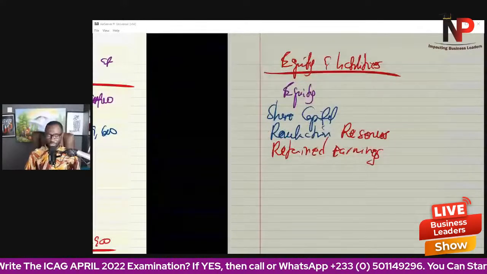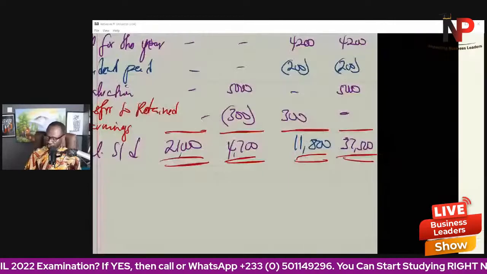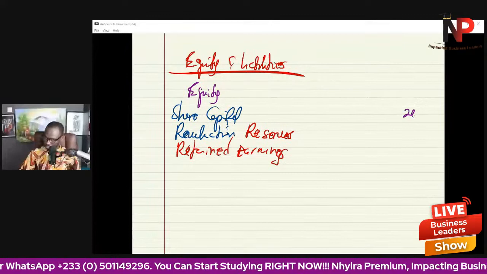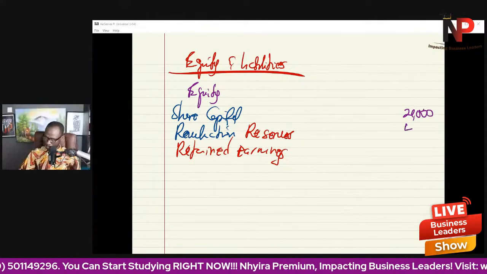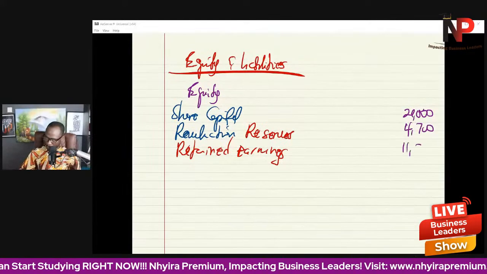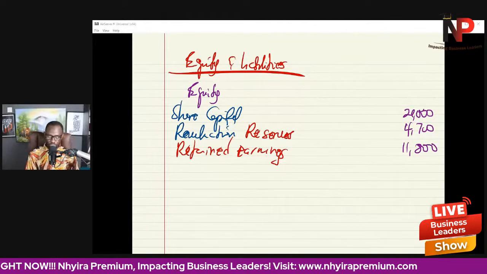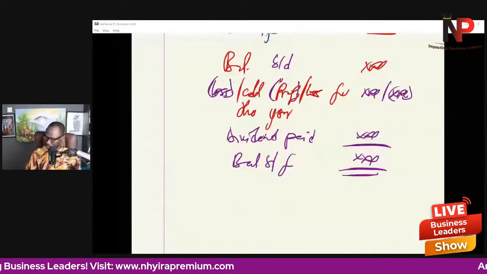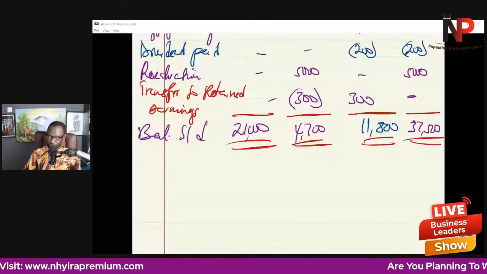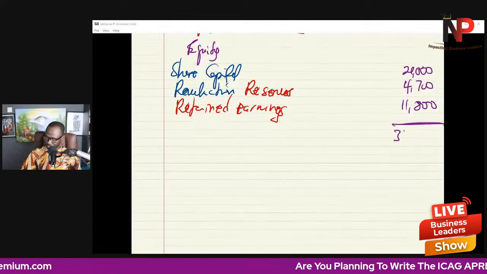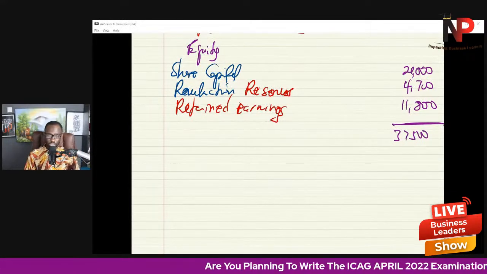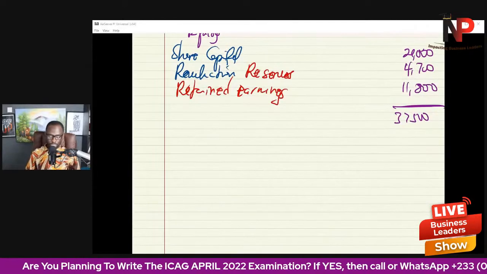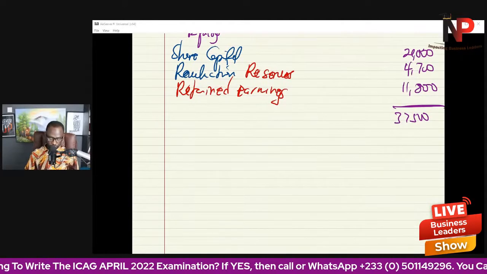I think 21,000, 4,700, 11,800. So we add it up, and that gave us a total that is already here, 37,500. Okay, so our total equity is 37,500. Then we bring in the liabilities.